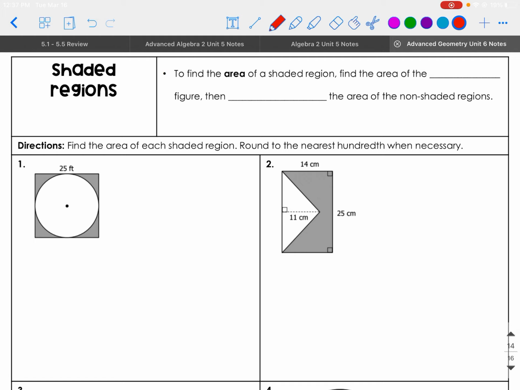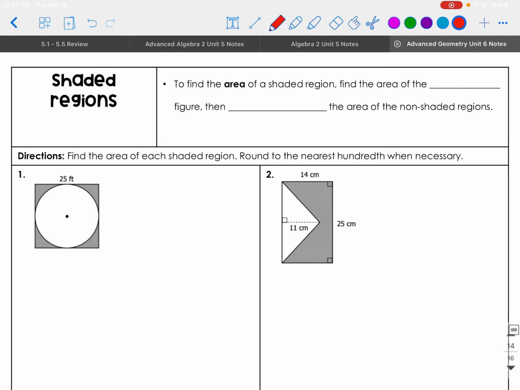So instead of having two that are added together, we've got one big shape and we've cut a shape out of it. And so to find the area of the shaded region, we first find the area of the entire figure, then subtract the area of the non-shaded region.